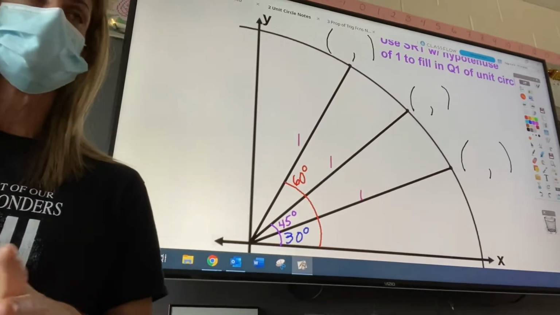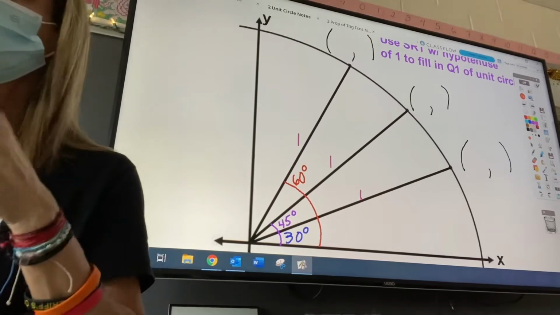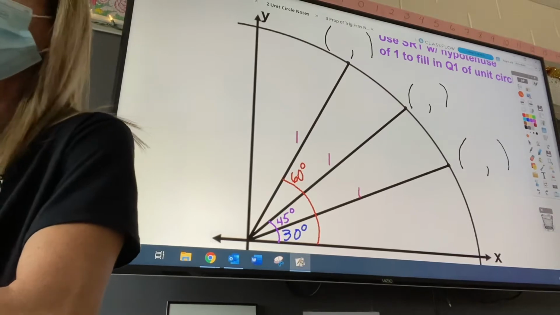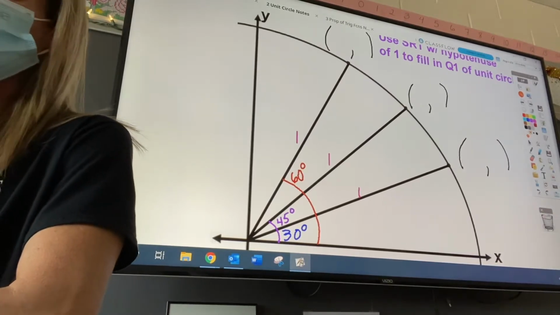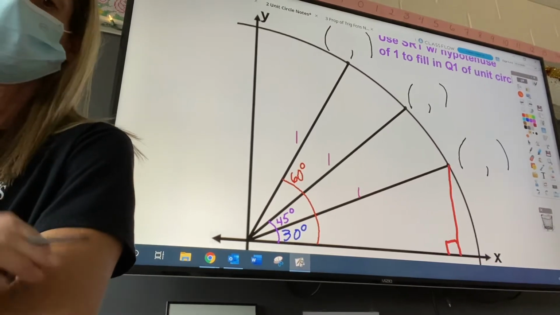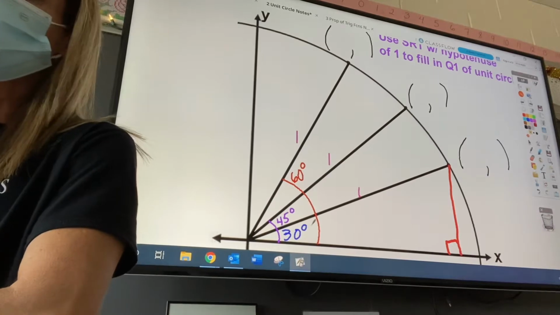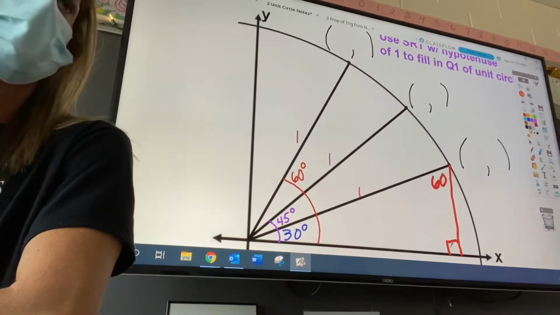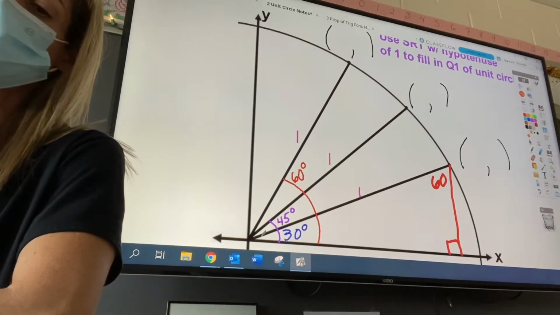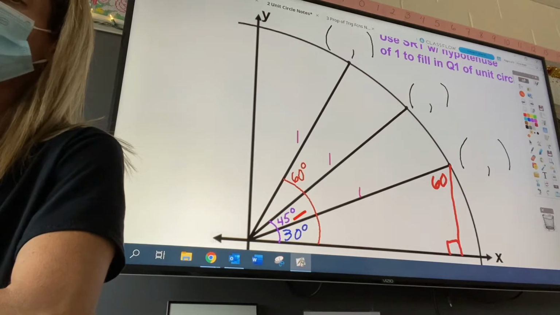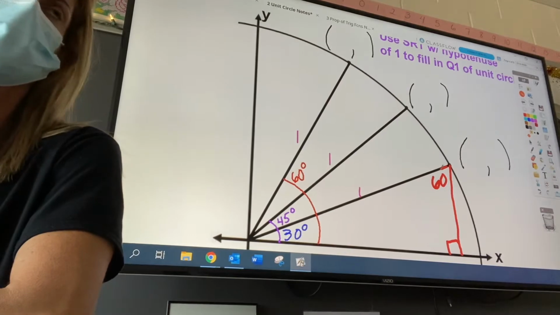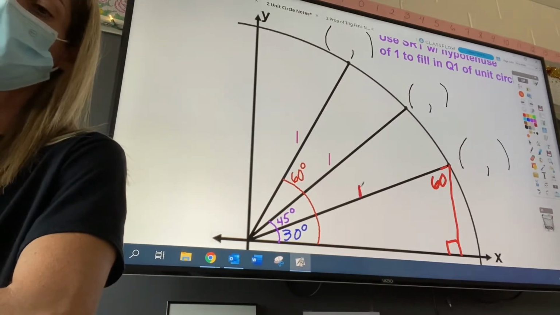The reason why we went over special right triangles recently is because the unit circle really revolves around, is created around special right triangles. So if I create a triangle right here, okay, right triangle. This is a 30, 60, 90 triangle, and the length of the hypotenuse, or the radius of the unit circle, is always 1.